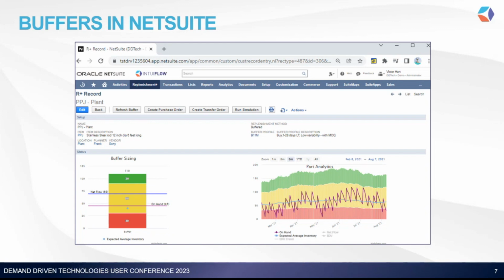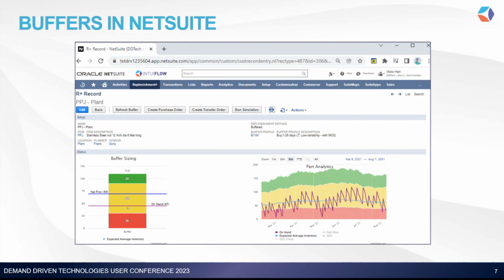Now, as the buffer resizes over time, there's going to be times where my on-hand inventory drops down and consumes some of the red zone. That's perfectly fine. That's what the red zone is designed for. A lot of folks that are used to the traditional safety stock, that makes them a little uncomfortable at first, because the way that those traditional systems work, inventory hits the safety stock, drops below it, and they get a signal to replenish.